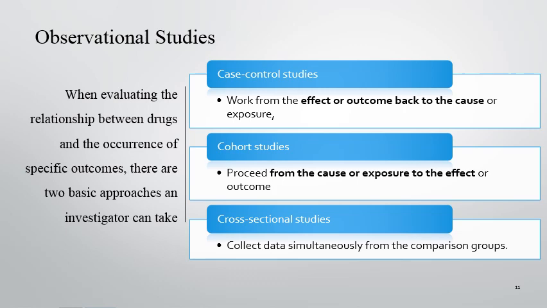In the cohort studies, we go from the cause or exposure to the effect. We give a drug, and we observe. Certain case series or case reports have shown that a specific adverse effect was occurring in patients.